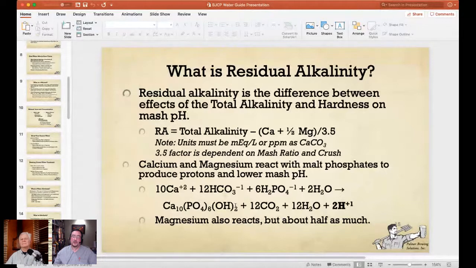Now, those 2 hydrogen ions are one mechanism that acts to lower the mash pH from what the water pH had been down to our target of 5.2 to 5.6. Okay? So this is residual alkalinity. We're talking about the net effect of whether the water is going to act to raise mash pH with high alkalinity or lower mash pH through higher hardness, according to these equations.